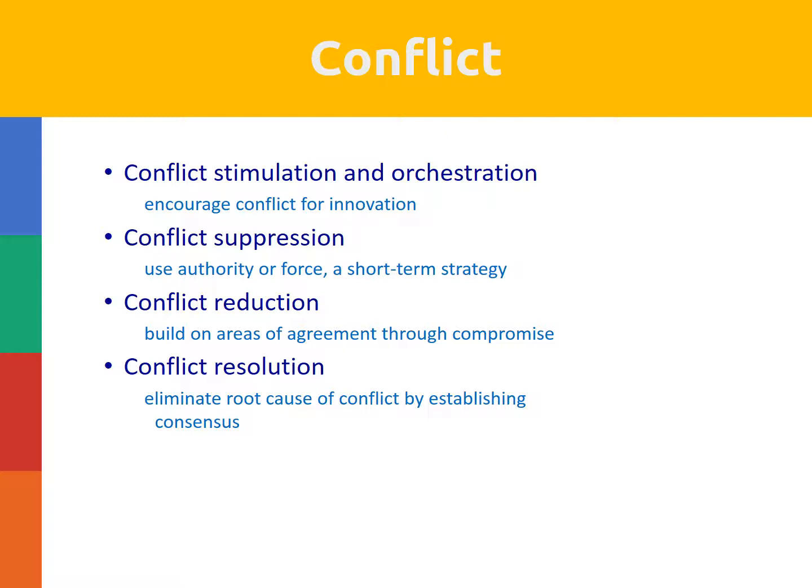Think about any famous trade union dispute. Trying to get to the bottom of the real cause for conflict can be very tricky. Also bear in mind that some organisations might stimulate conflict and actually orchestrate it. Some firms believe that this will encourage innovation.